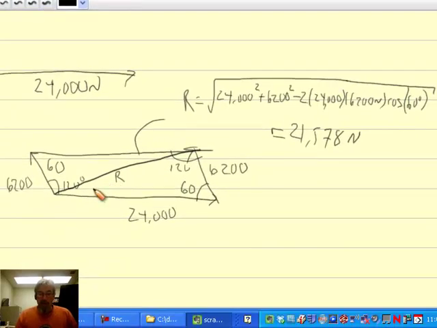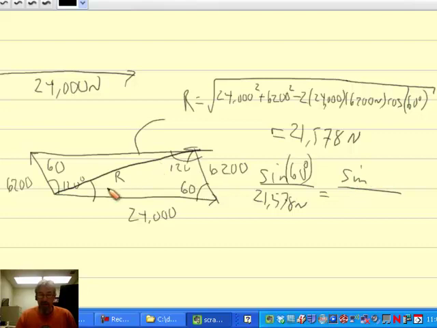So that's the magnitude. Well, where is it? I need to find that angle and then subtract from 120 to get the angle from the pickup to this new resultant. I can do that with the law of sines. The sine of 60 degrees over the resultant, which we now know is 21,578 newtons, is going to be equal to the sine of, I'll call it alpha, over what's across from it, which is 6,200 newtons.